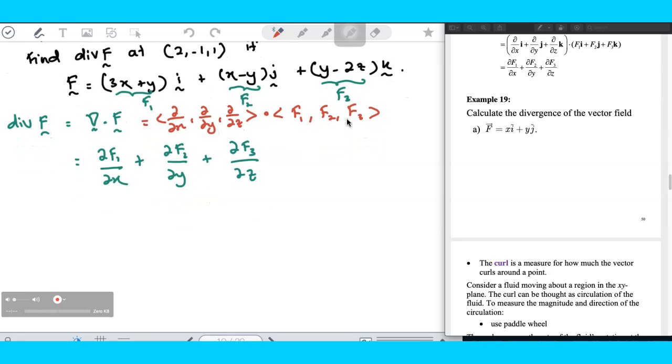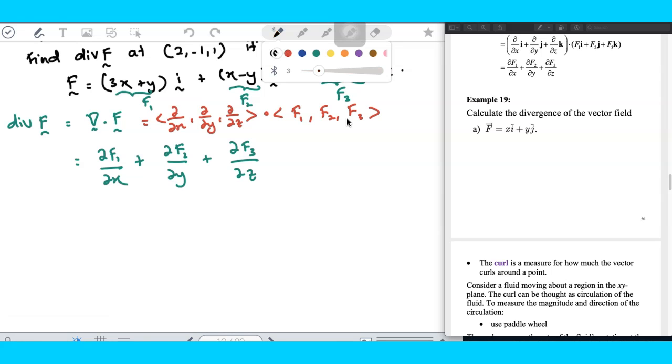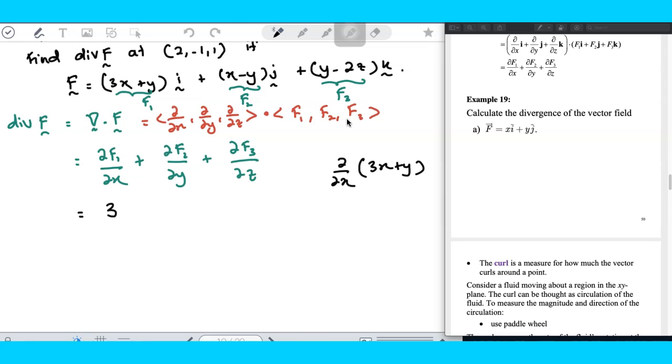So then you will get, okay, f1 is 3x plus y. You differentiate del x of 3x plus y, and you will get 3, right? 3 plus del y of x minus y, which gives minus 1, plus del z of y minus 2z, which gives negative 2.